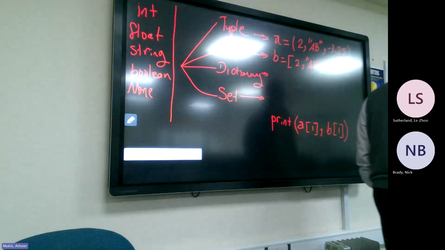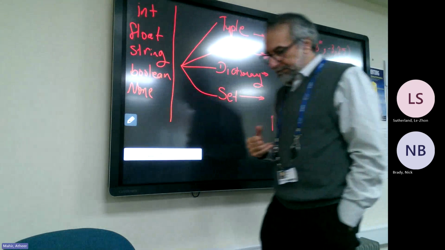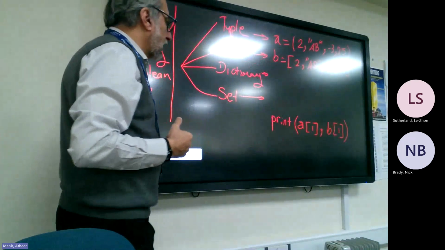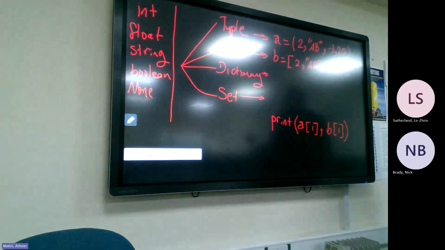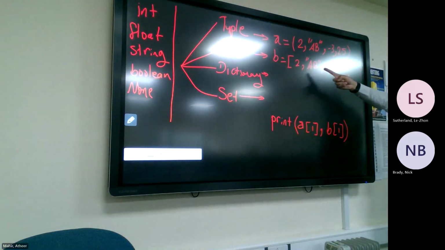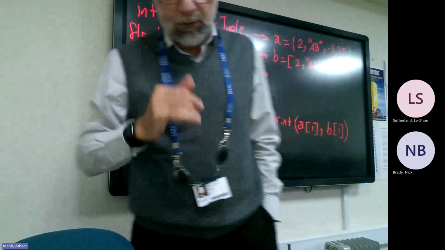The only difference between tuples and lists is mutability, and lists have side effects, so it's not easy to deal with lists. So if you print A1 or B1, you will get the same result. Why? Because of the same order, the same index, but the idea is mutable and immutable.